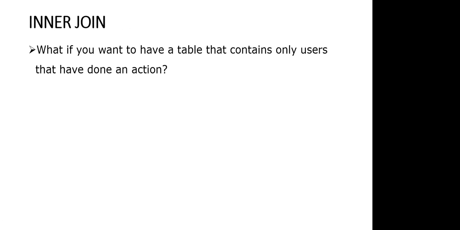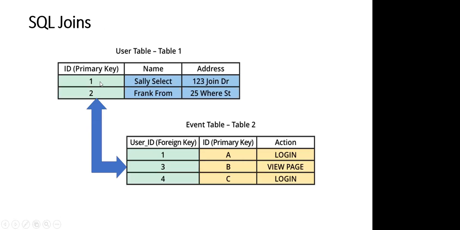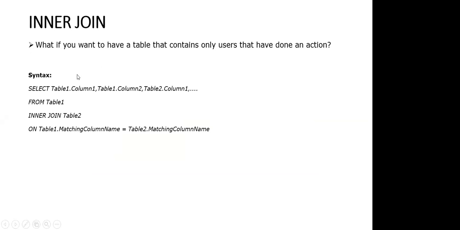So let's see a scenario using our current example. You want to have a table that contains only users that have done an action, right? So back to our chart. Okay, let me just go to the next thing here.